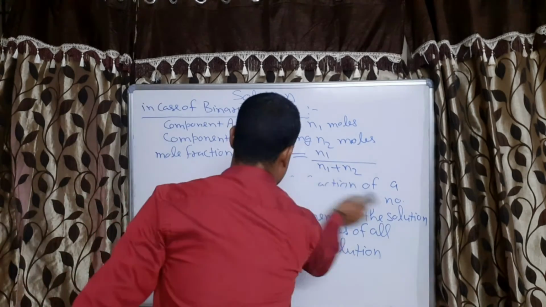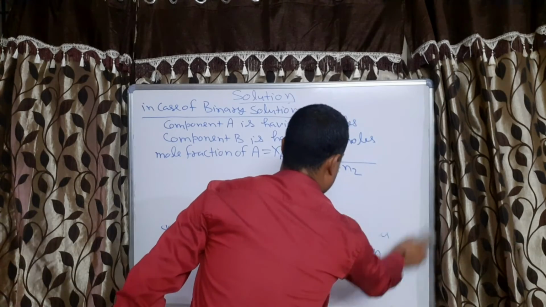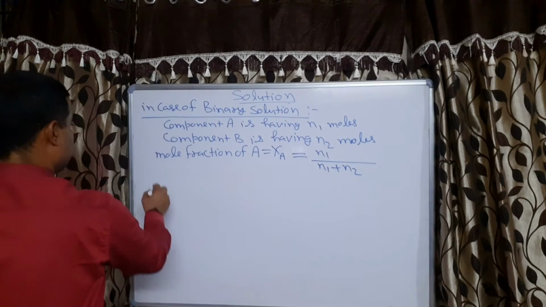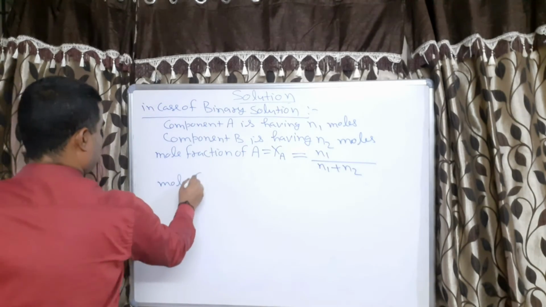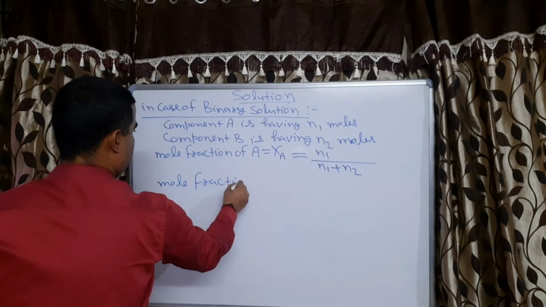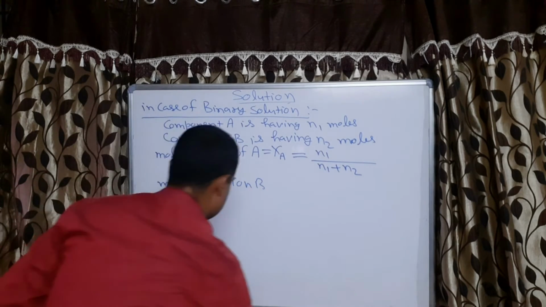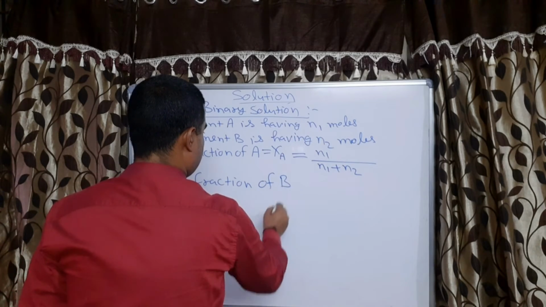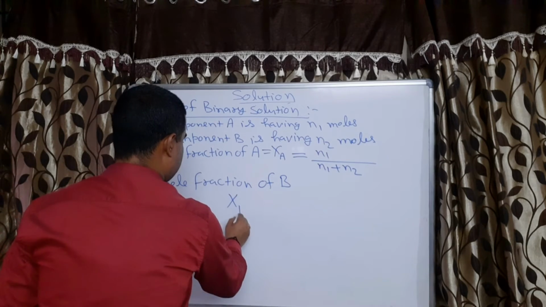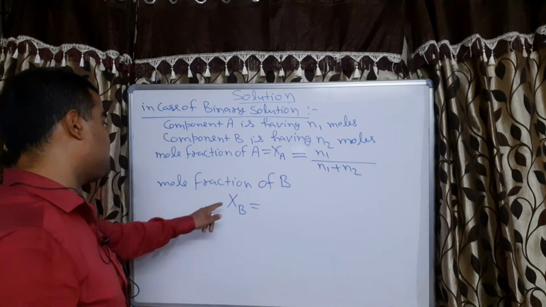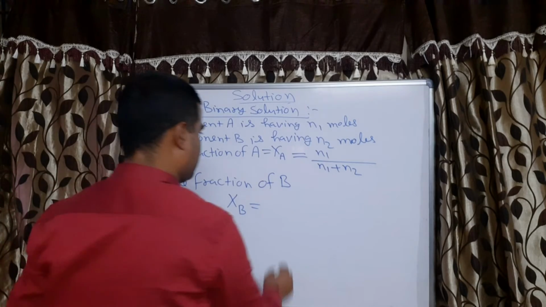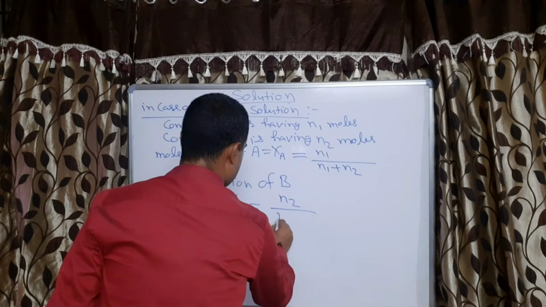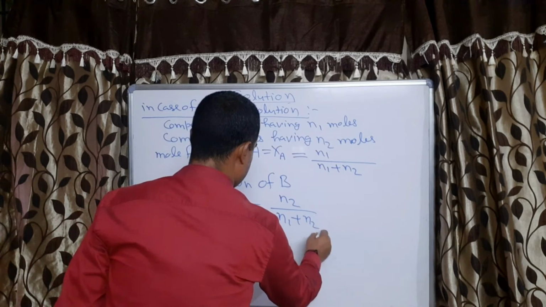Now mole fraction of B. It means that we can write it as XB. That will be the number of moles of that component, B, that is N2 divided by total number of moles, N1 plus N2.